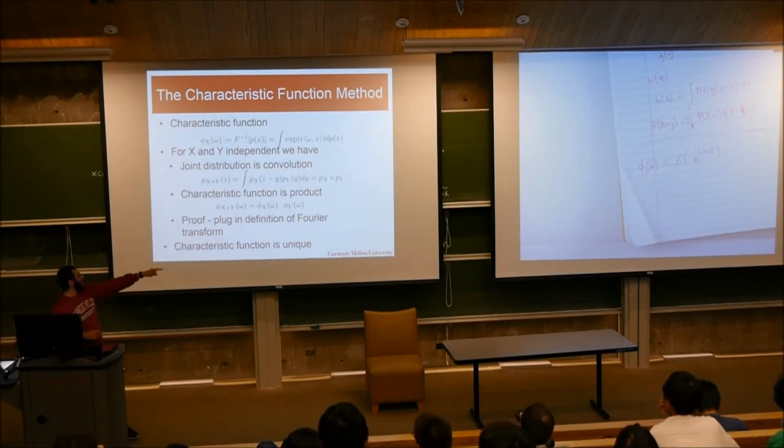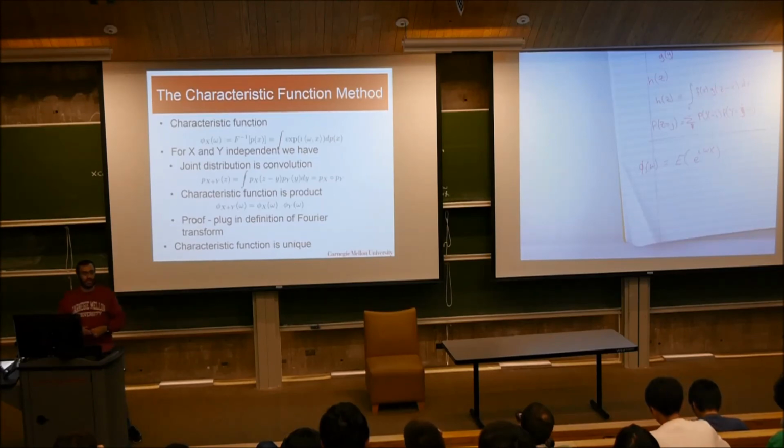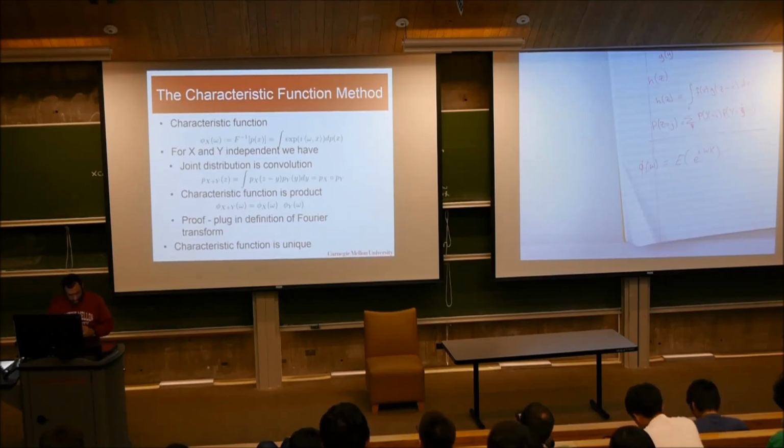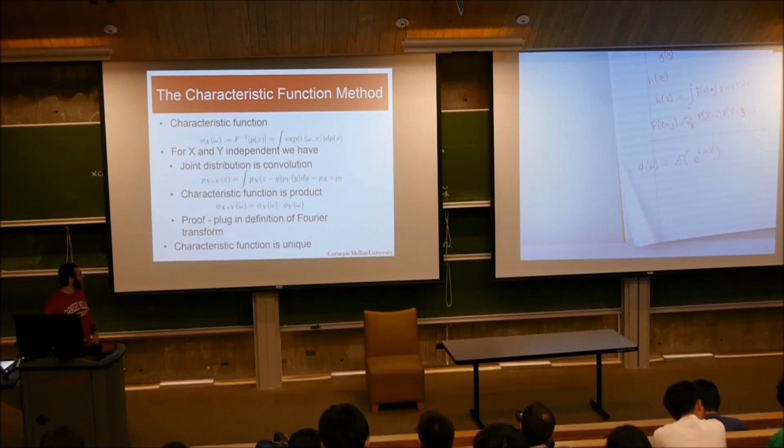But this is just the inverse Fourier transform of the PDF. And again, if you want the distribution of the sum of two independent random variables, because it's convolution, you can compute it from the characteristic function as a product.